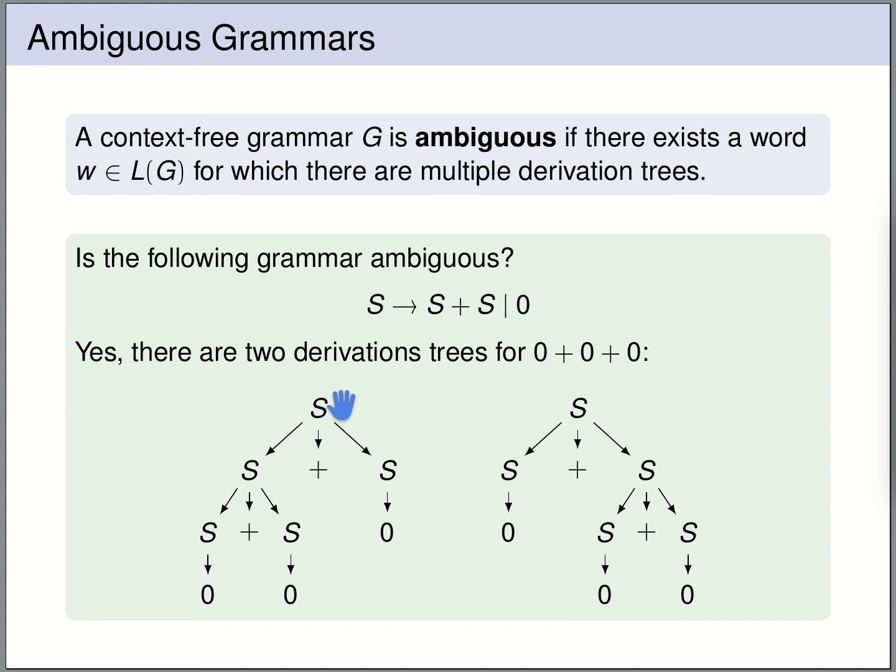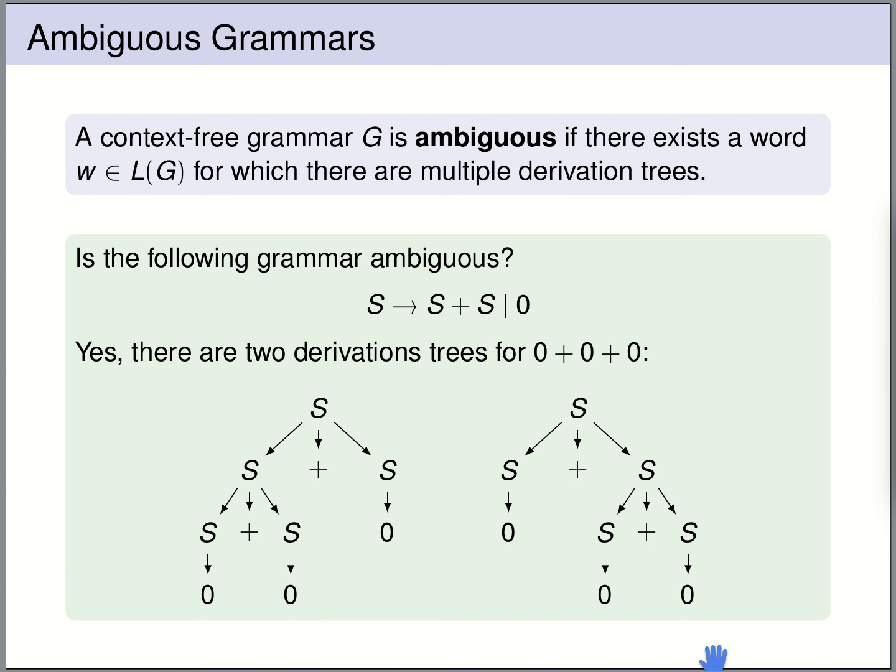We have here S replaced by S plus S, and now we have replaced the left S by S plus S again, and we have replaced all these S's by 0. And indeed, if we read the leaves from left to right, we get 0 plus 0 plus 0.